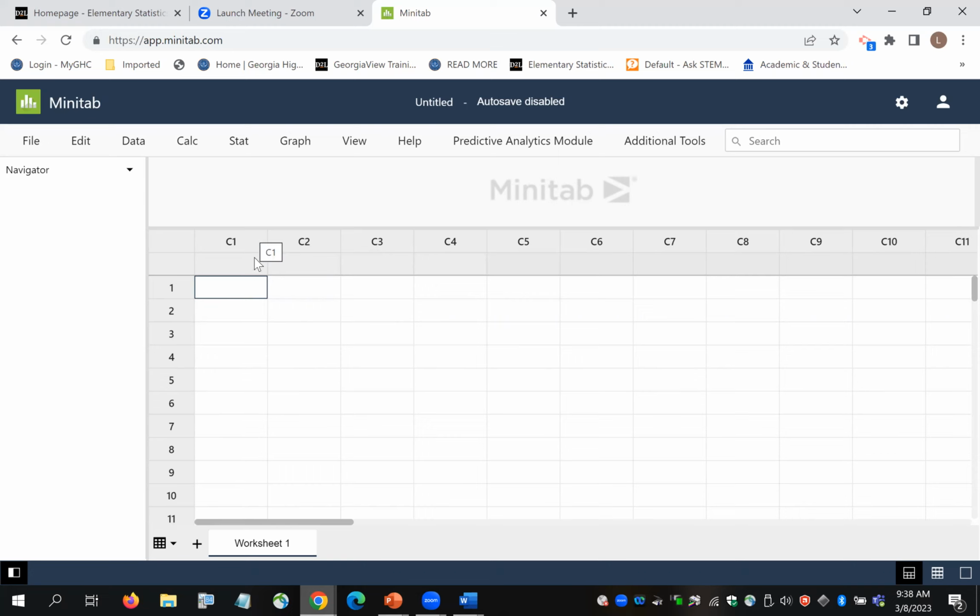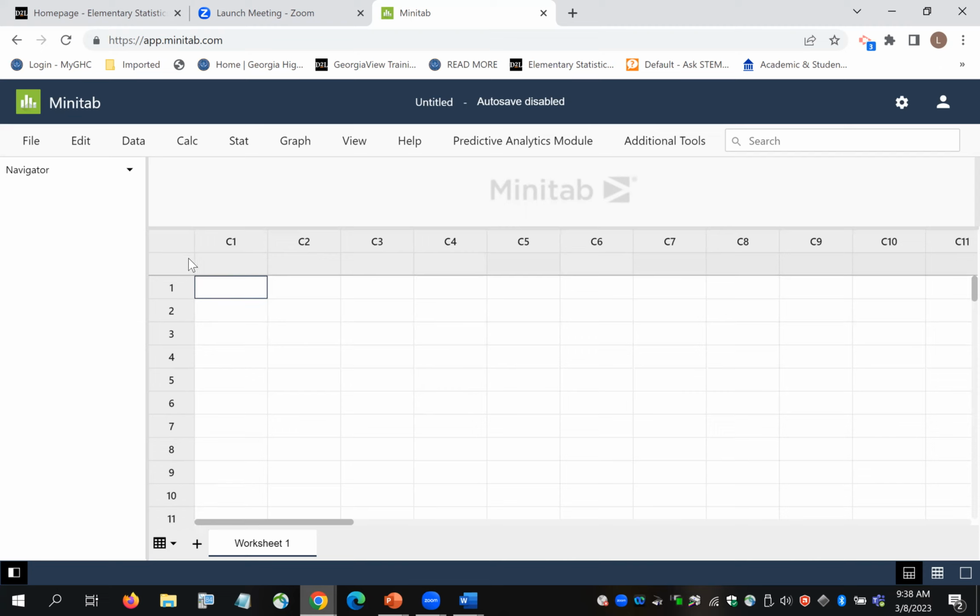You have columns and rows. Minitab, instead of labeling the columns A, B, C, D, like Excel does, labels them C1, C2, C3, C standing for column. Then the rows are also numbered, which helps me to know how many data values I've entered.